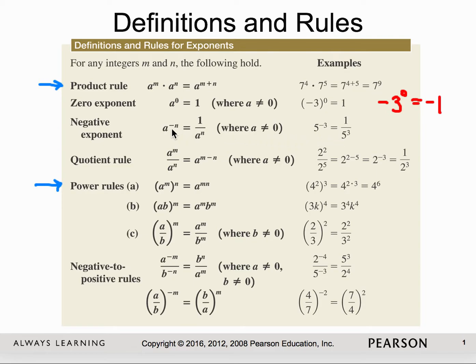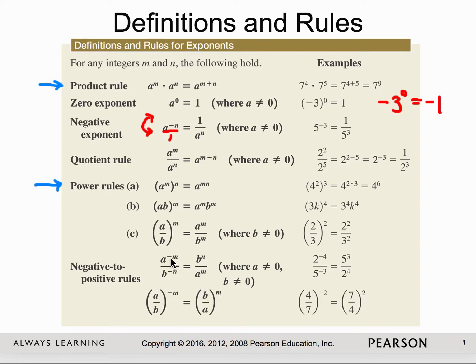If you have a negative exponent, basically it means use your reciprocal, which means you flip your fraction upside down. If it's not a fraction, you can put it over 1, and then if you flip it, that's how you get your exponent positive. This is the same thing down here. If you have a negative exponent, you can flip everything, and it makes your exponent positive.